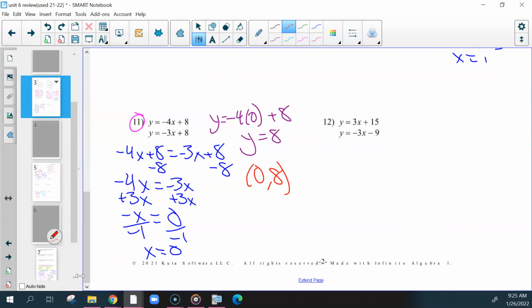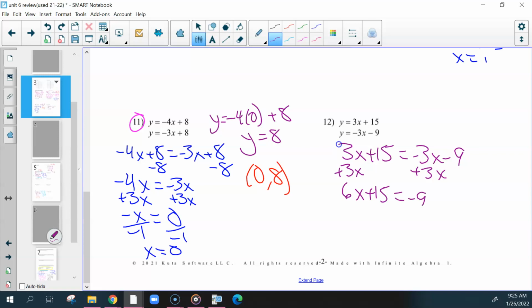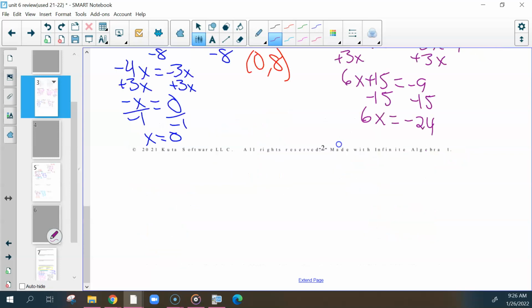Okay, this one's just like this one. You would set it up 3x plus 15 equals negative 3x minus 9. And then start moving things. So I could add 3x to both sides, subtract 15 from both sides, and divide both sides by 6.